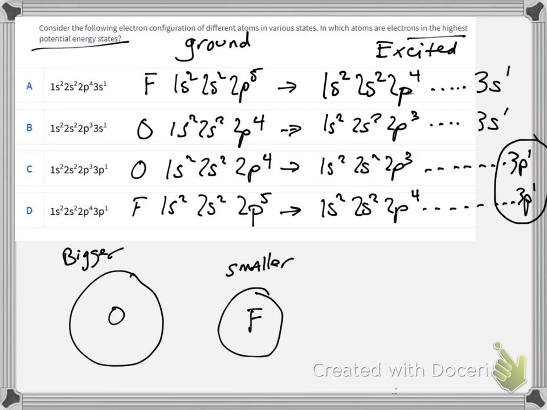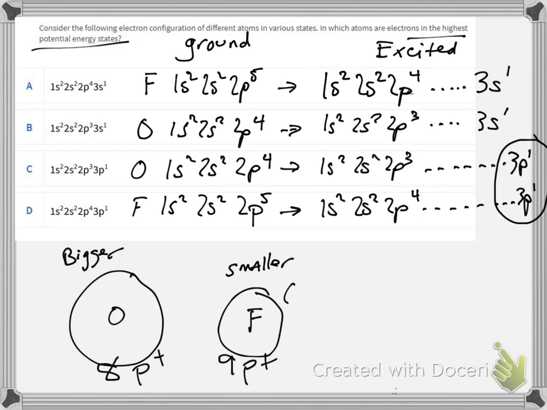Oxygen has 8 protons. Fluorine has 9. So the greater the number of protons within a shell, going across a row, the smaller the atom gets. And if you're smaller, then the ionization energies always go up because the potential energies are always lower.